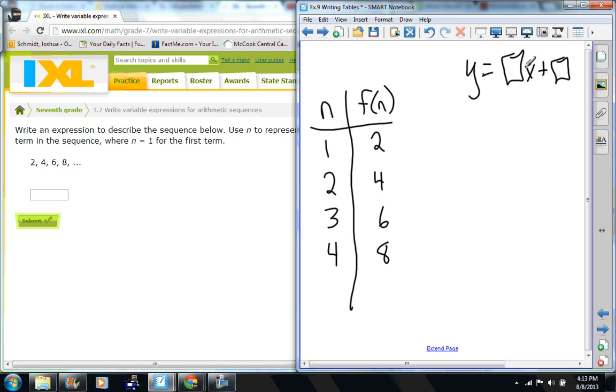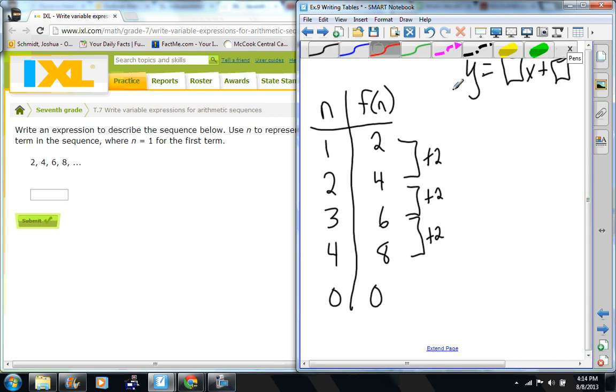Well, we remember that this is the pattern, and this is the starting value. So for this one here, our pattern's pretty easy to see. We're adding 2 each time. But we have to get our starting value, which is 0. Well, if this is a 6, 4, 2, that has to be 0. So our starting value is 0.